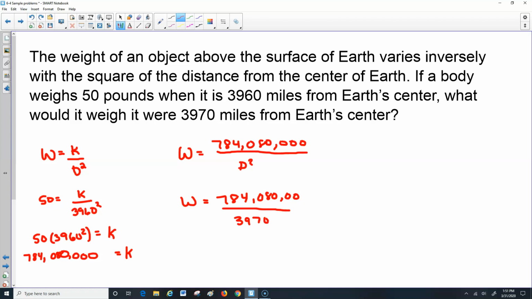That has to be squared. So the weight does not come out to be a pretty number. It's a decimal number. Let's just take it to 3 decimal places. So it's 49.748. And the weight was in pounds. So this is pounds.